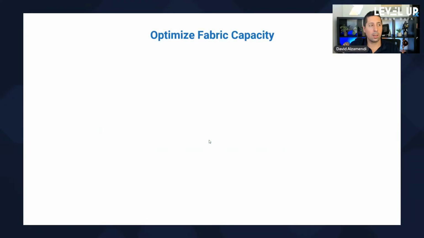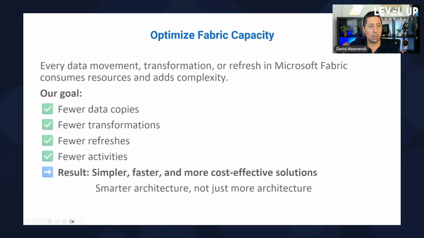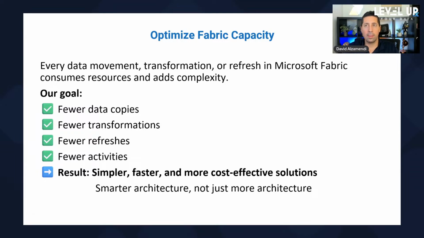Some of the things when optimizing Fabric capacities, these are my recommendations always. Do whatever you do the fewest number of times possible, because every data copy, every transformation, every refresh, every activity is going to add to the usage of your Microsoft Fabric capacities.